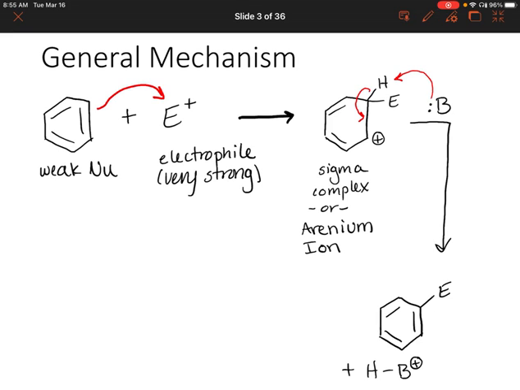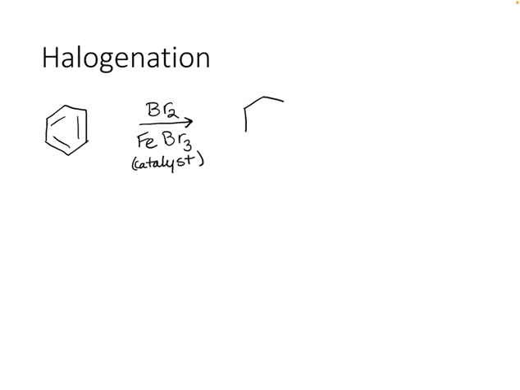Okay, so let's look at halogenation. So we already said that if we want to add bromine to benzene, we're going to use Br2 and the catalyst iron tribromide. And that's going to form this product here.